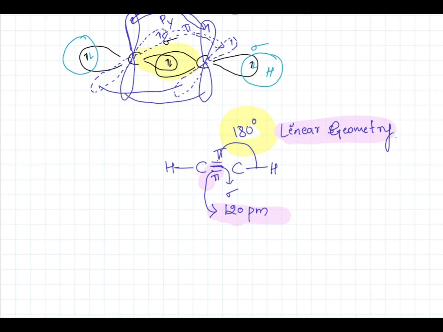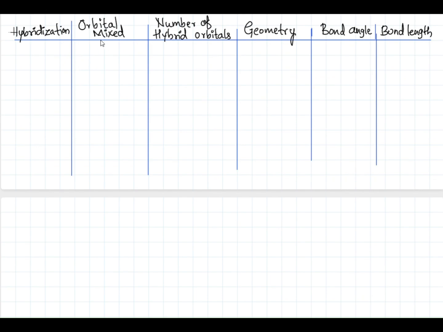Let us summarize all these concepts in the form of a table. We have discussed sp3 hybridization, sp2 hybridization and sp hybridization. In sp3 hybridization, 4 orbitals are mixed: the s orbital is mixed with 3 p orbitals.